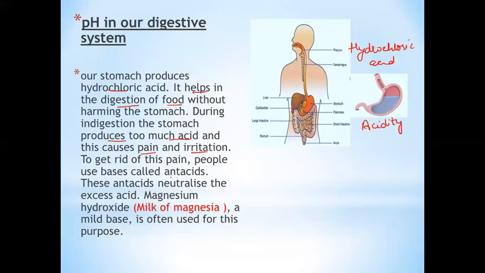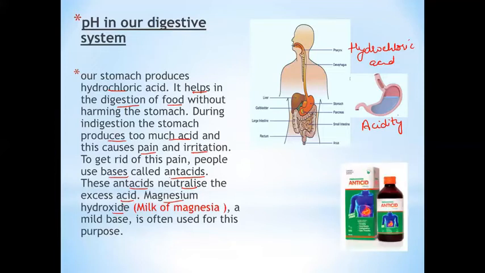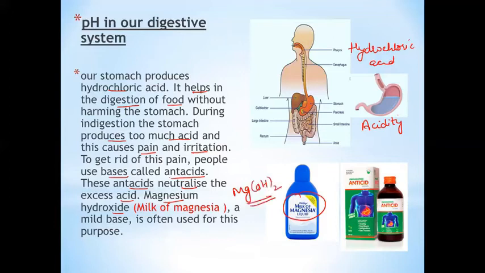Okay, and it is cured by using antacids. These antacids neutralize the excess acid. Milk of magnesia, that is magnesium hydroxide, a mild base used for this purpose, that is used to neutralize the effect of acid.